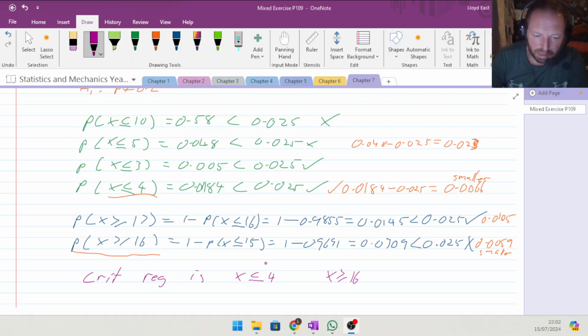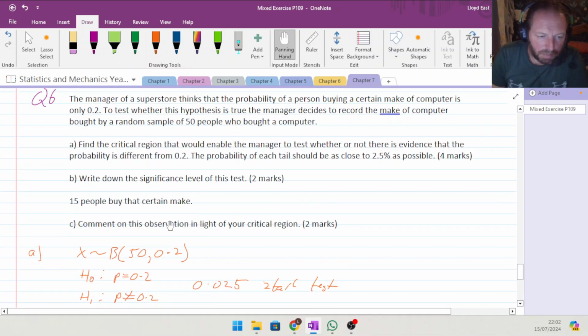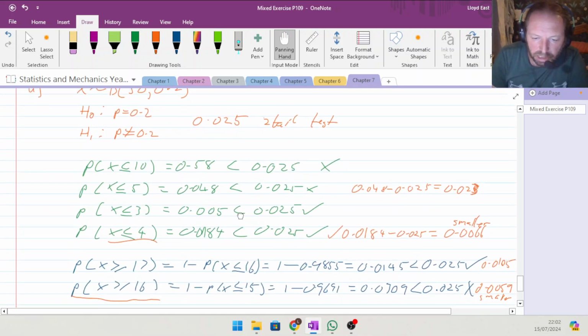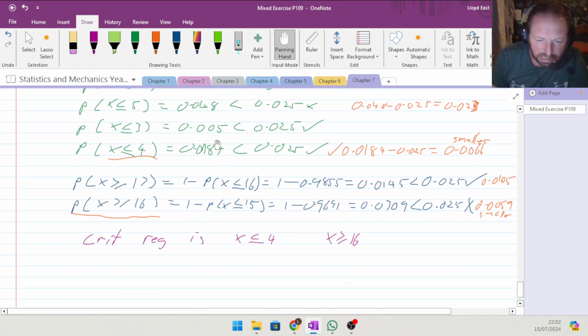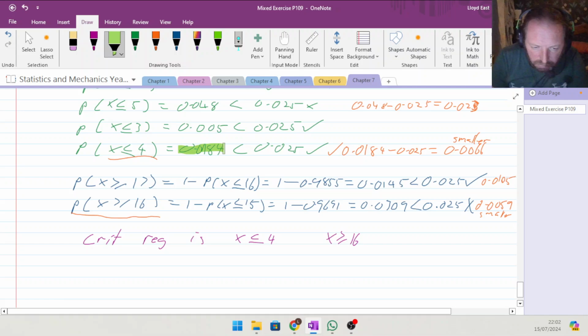Okay, so there's part A, 4 and 16. Good. What's the next part? Part B. Write down the significance level of this test. So the significance level of this test is using the probabilities from here and here. They wanted it as close to 5% as they could get.